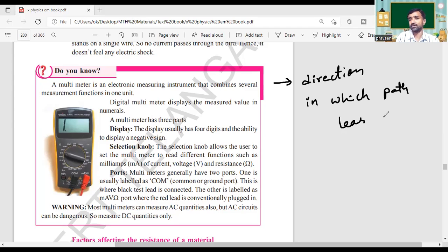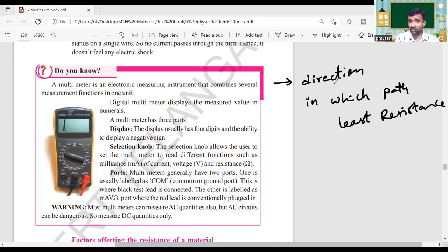So, depending on the resistance, it can change its direction. It is not compulsory to always maintain a particular direction.